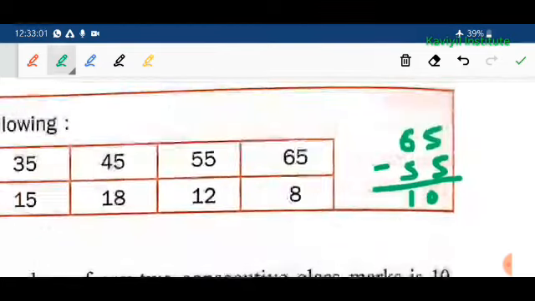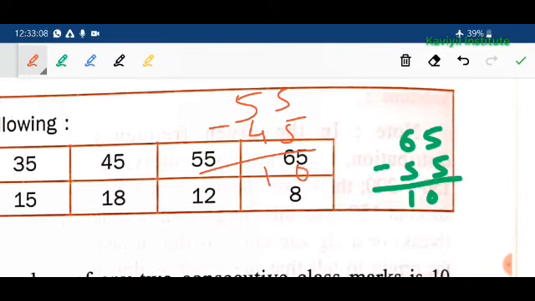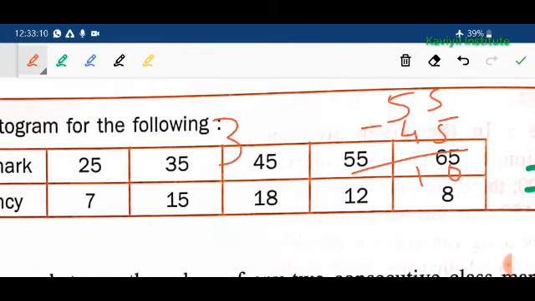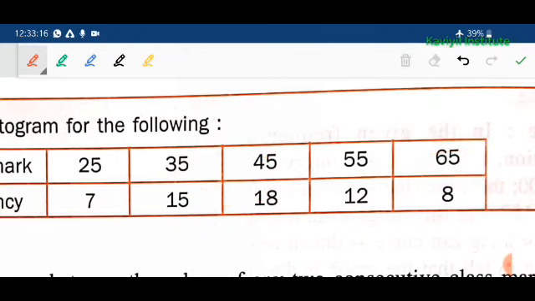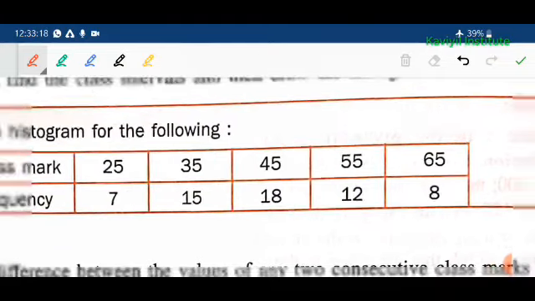We will confirm it with another one. Again, 55 minus 45, we got it as 10 only, and we will confirm with this also. 35 minus 25, right? So we understood that the class size is 10 only.